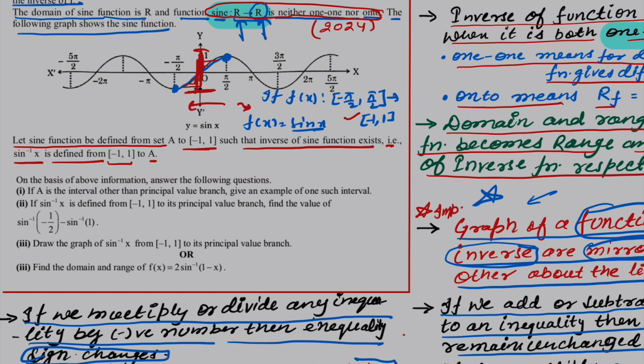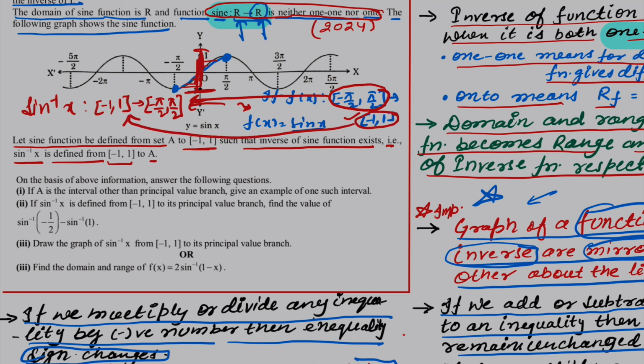Here we can say that sine inverse of x is defined from -1 to 1 to minus pi by 2 to pi by 2. The domain of the original function becomes the codomain of the inverse function, and the codomain of the original function becomes the domain of the inverse function. Clear?